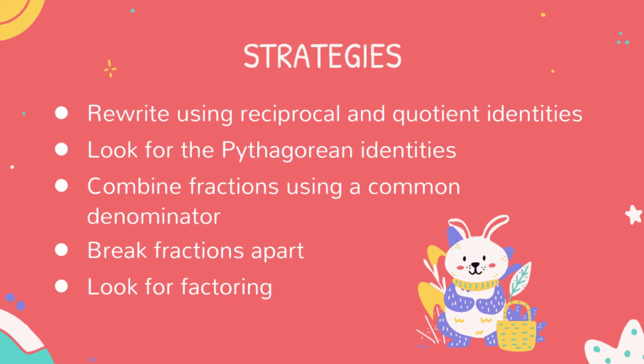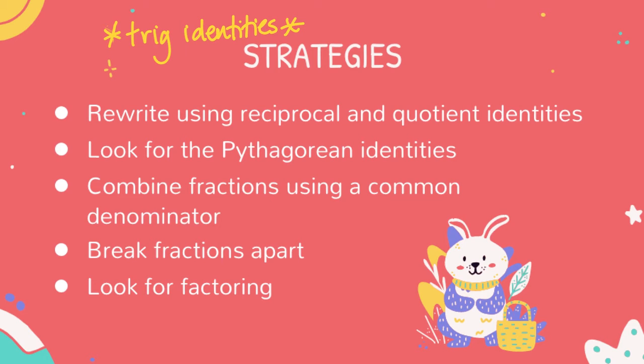Hello, here are some strategies for simplifying trigonometric expressions. Keep in mind that we are in the trig identities section, so you will be using the trigonometric identities to simplify these expressions.